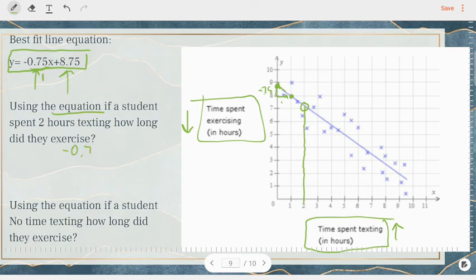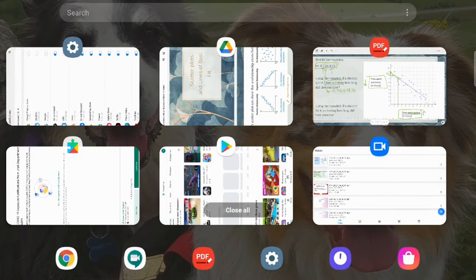Negative 0.75 times 2. Now, why did I replace that x with a 2? 2 hours texting. Remember, my x-axis was time spent texting. Plus 8.75. Notice I'm taking my equation and plugging in the x value to get my y value. So let's go to a calculator.